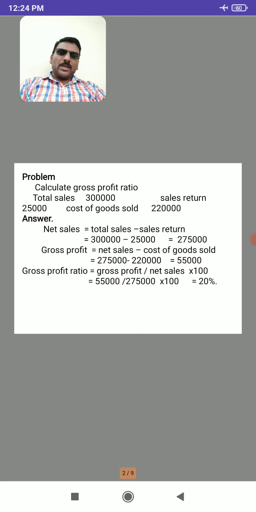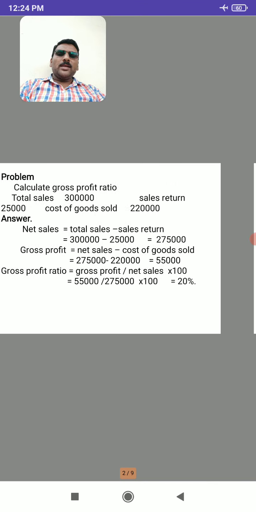If we multiply by 100, the gross profit ratio will automatically be in the form of a percentage. Here the gross profit is 55,000 and the net sales we have calculated by deducting sales return from total sales, and multiplying by 100, we get the gross profit ratio as 20%. So like this the gross profit ratio is calculated.